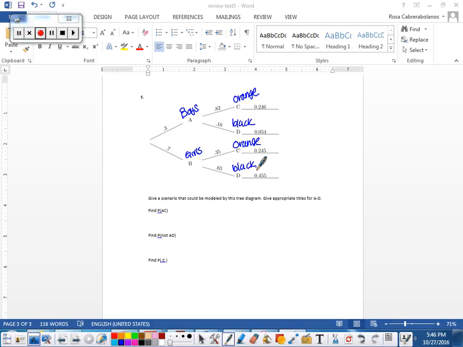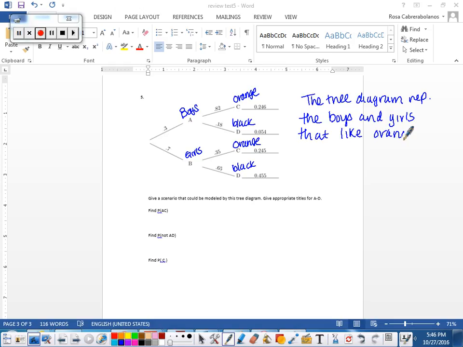Alright, so my scenario could say the tree diagram represents the boys and girls that like orange or black.